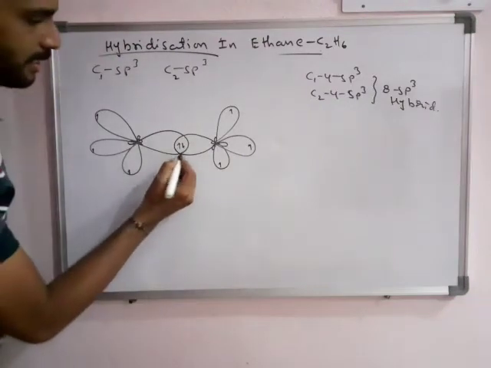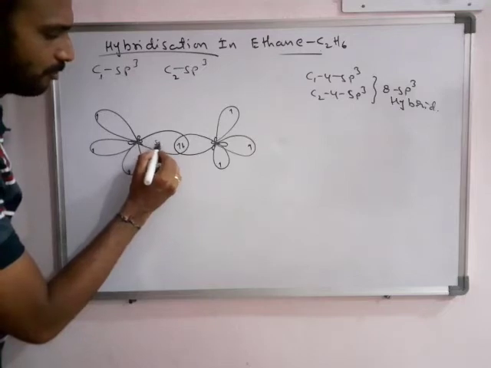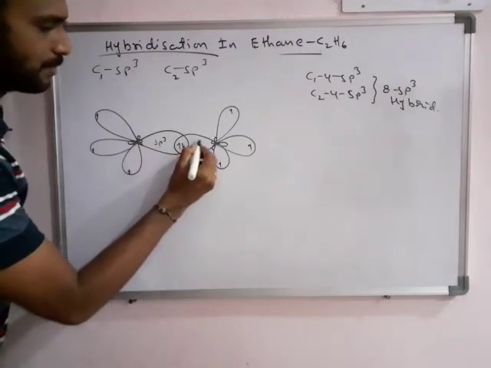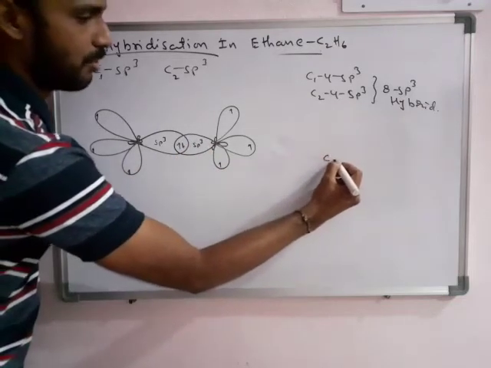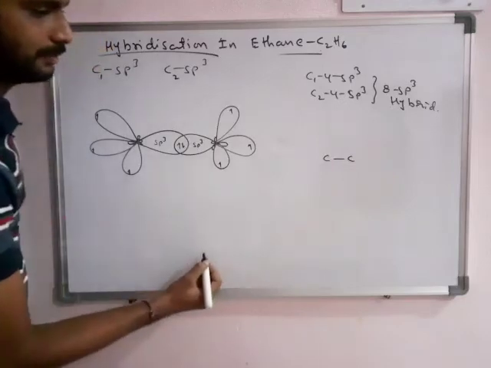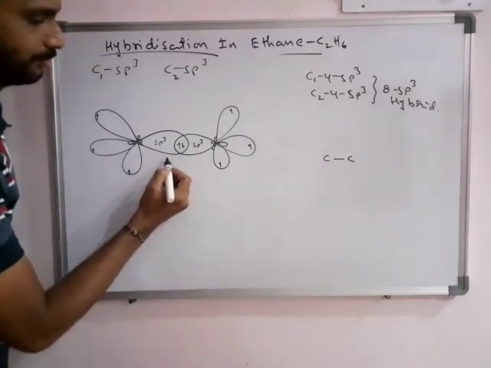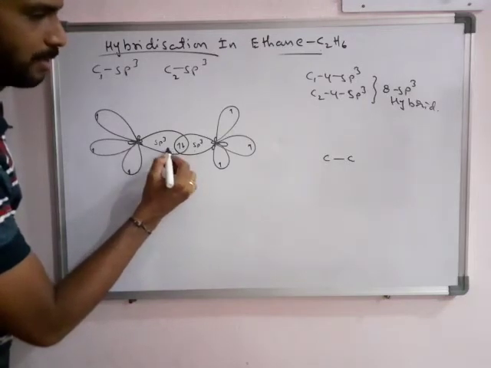Now you see there is a formation of a sigma bond between the sp3 of the first carbon and the sp3 of the second carbon. That means a sigma bond is formed between the two carbon atoms, which involves the overlapping of their sp3 hybrid orbitals.